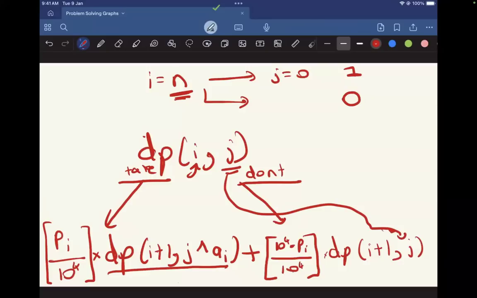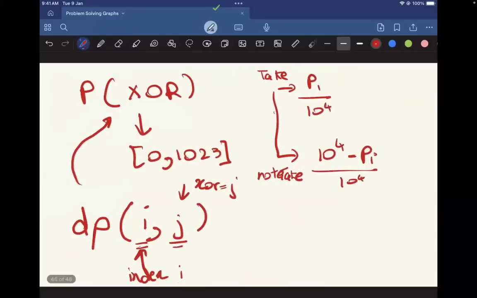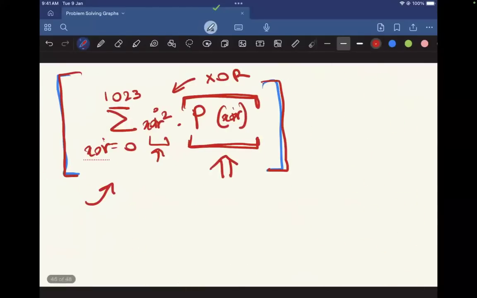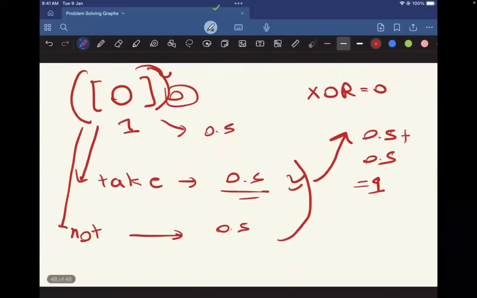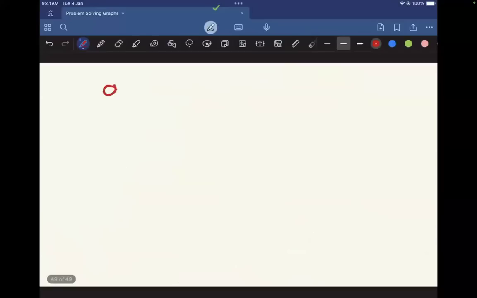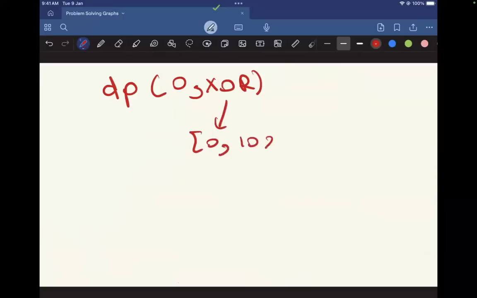Okay. Now, if this much is clear for everyone, for every i, all right, we discussed that if I want to calculate a XOR, my final sub-problem would be dp of 0, comma, that XOR. Yes or no? Correct? So, for every XOR from 0 to 1023, if I call this, do you agree I will get the probability of getting that XOR?